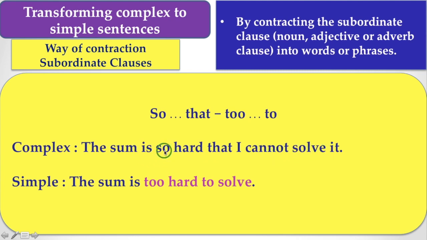Here you find so hard that I cannot solve it. The whole clause is converted into a single clause, like: the sum is too hard to solve. Here you find too hard to solve. So this is the example.